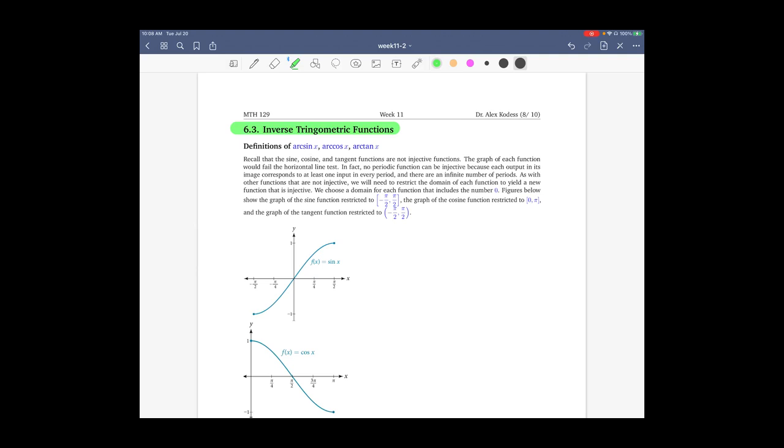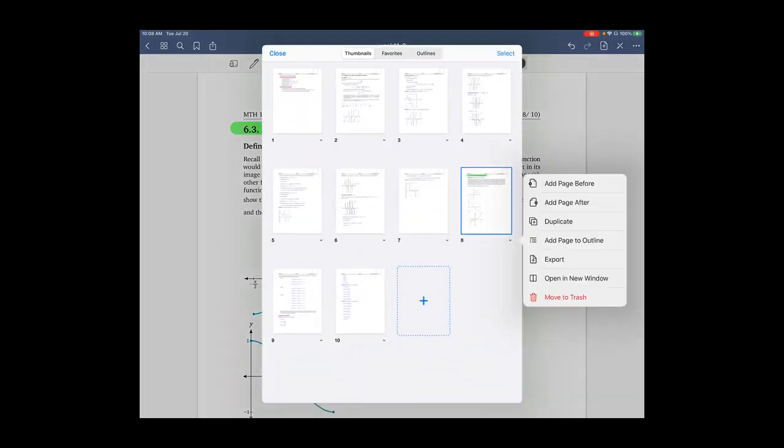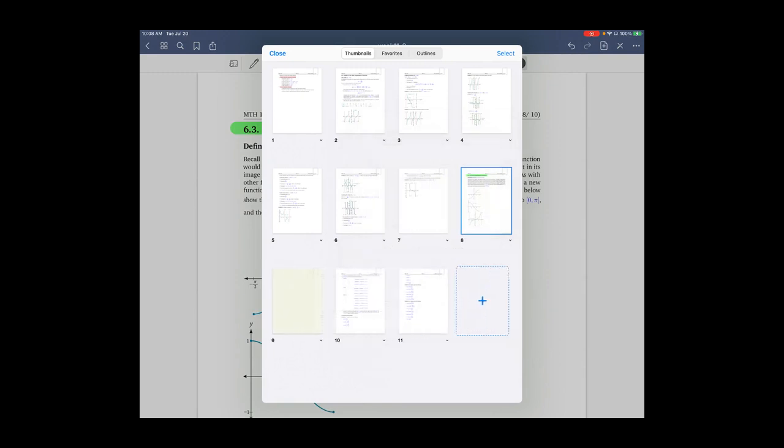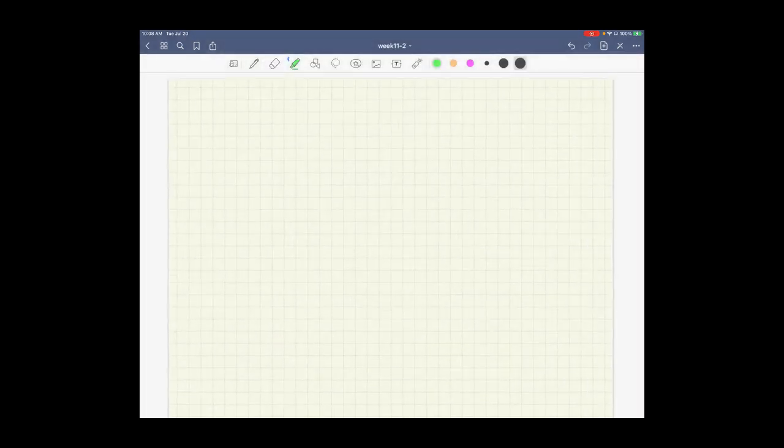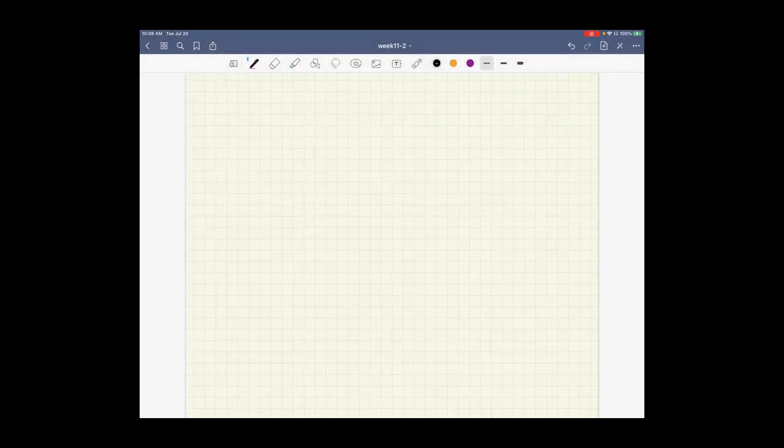Let's talk now about the inverse of sine. Let me draw the graph of the sine function, and we will discuss how to construct its inverse.